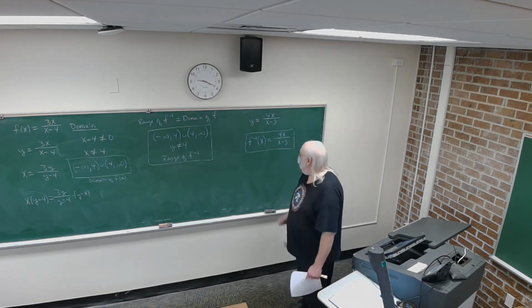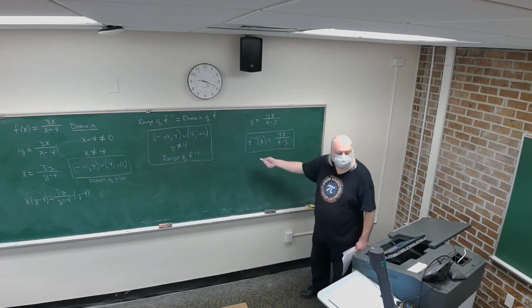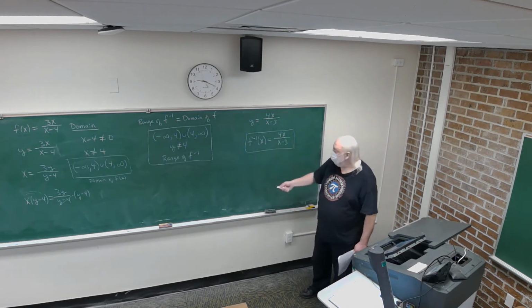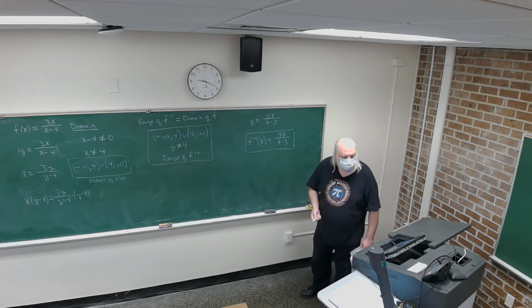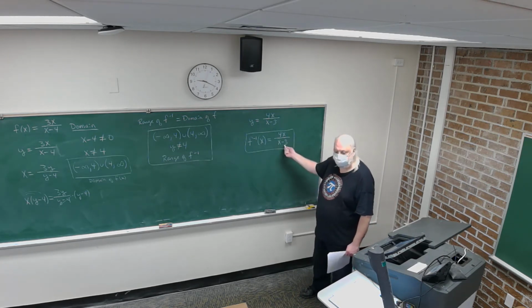Okay. Now, the domain of the inverse function. We know how to find the domain of a function. There's no square root, so we don't have to worry about x under a square root. But this is a rational function. We've got x in the denominator, so we have to concern ourselves with those values of x that make the denominator equal to 0.